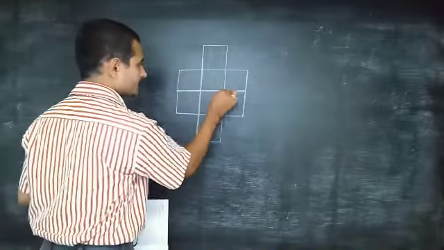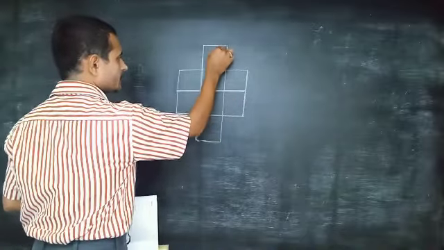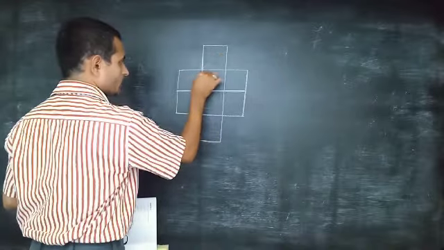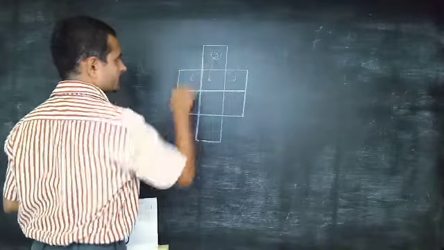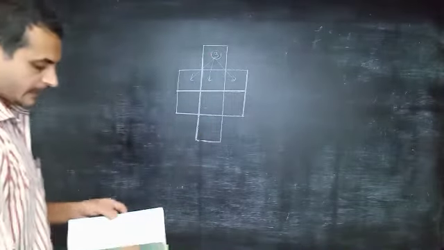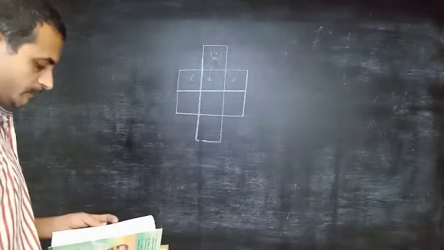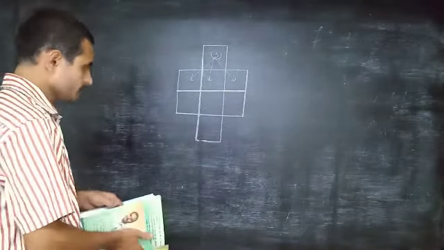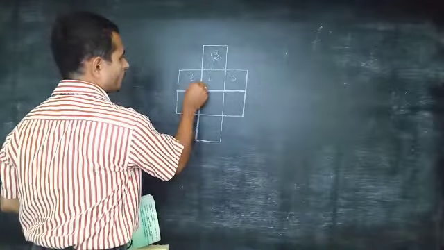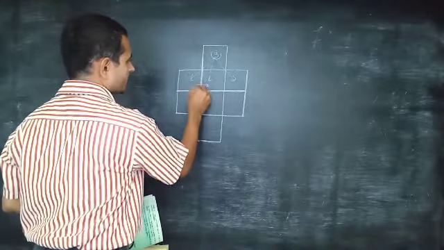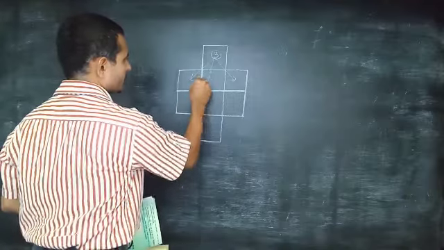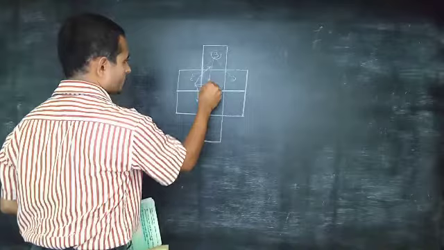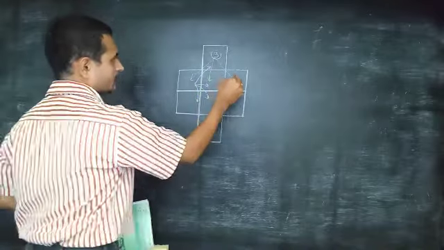The logic behind this: see here how many adjacent squares, 1 2 3 adjacent squares this particular value has, correct? Similarly, the one below, 1 2 3.